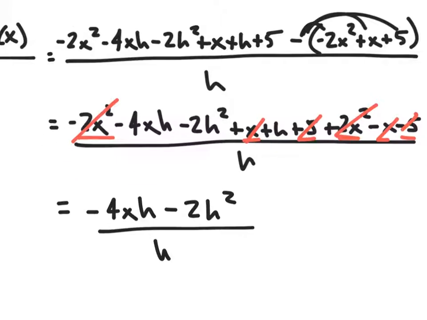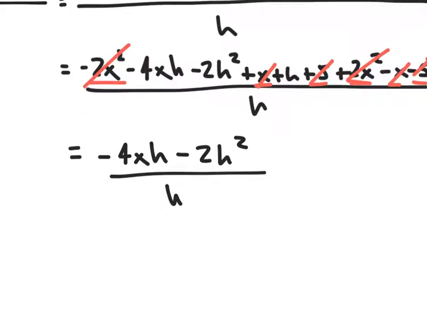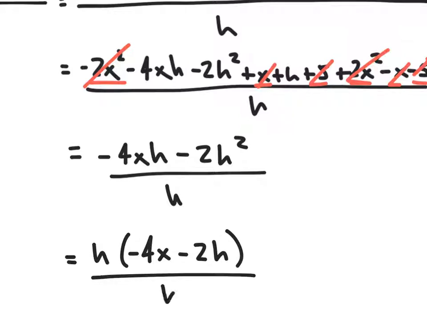Now, my objective at this point is to get rid of this h in my denominator. And this will always happen. If you're doing this correctly, this will always be the case. What I'm going to do is factor out an h in my numerator, and I'm left with negative 4x minus 2h all over h.